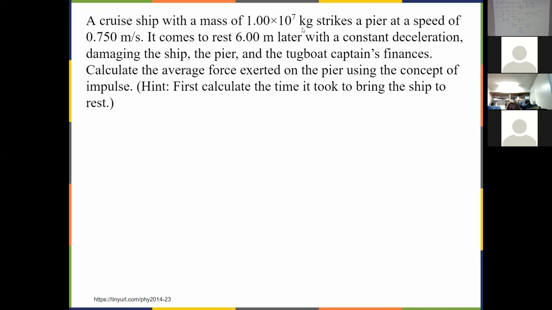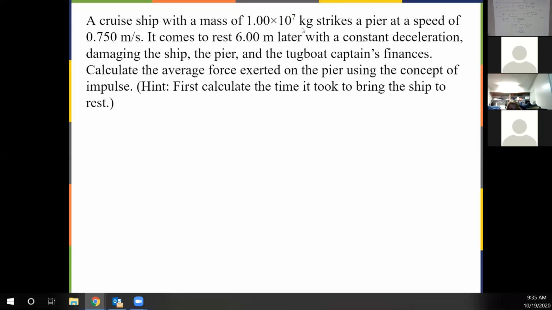So you probably would have to use one of the equations of motion there. Let me just have 5 rooms, and then I'll put you guys randomly into the rooms.